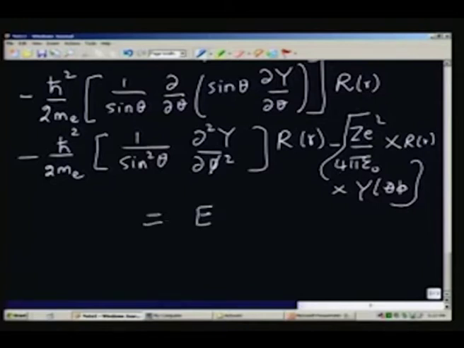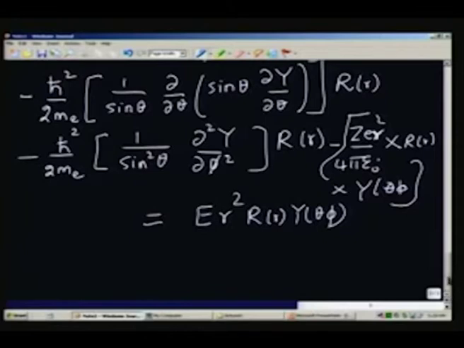Since we multiplied everything by r square, there is an r missing here, but we are multiplying this by r square, so we will have to write the r here, Ze square r by 4 pi epsilon naught, and this becomes E r square R(r) Y(θ,φ). Okay.